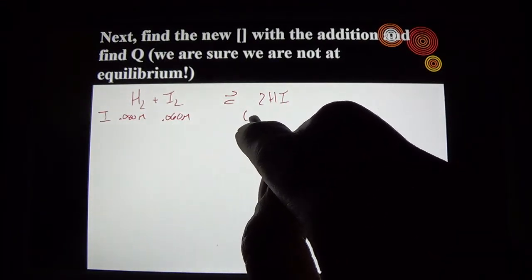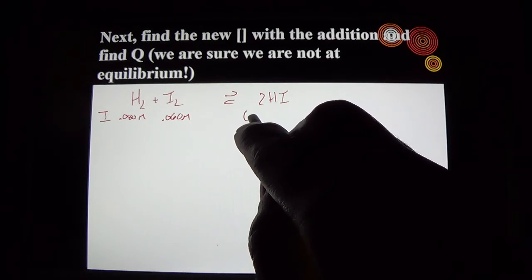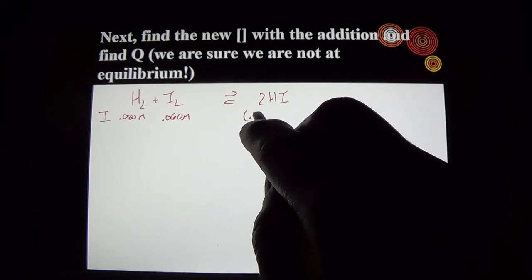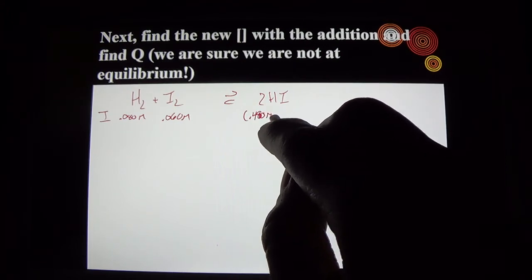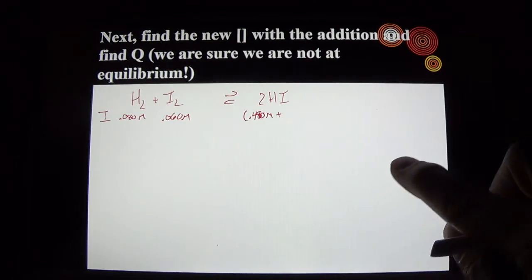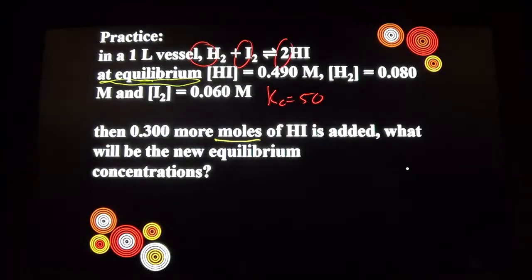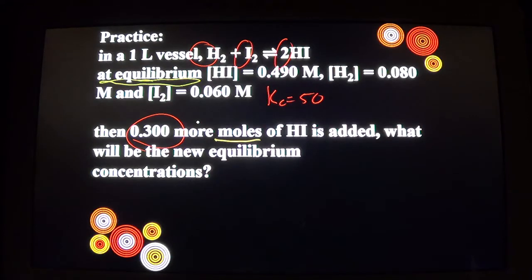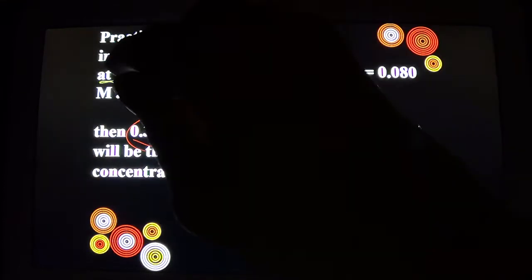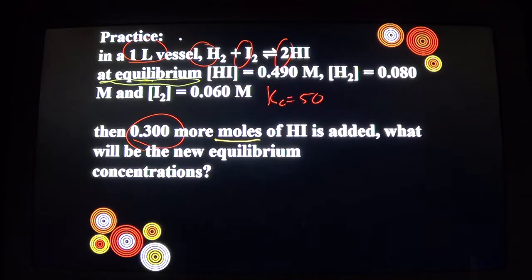I'm going to have the old equilibrium number of 0.490 molarity, plus what did I just add? Okay, I have to go back a couple slides. You have the convenience of looking up on paper. I've added 0.300 more moles of HI in a 1 liter vessel. Because what must go into our Rice tables?